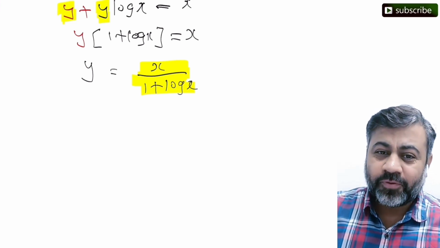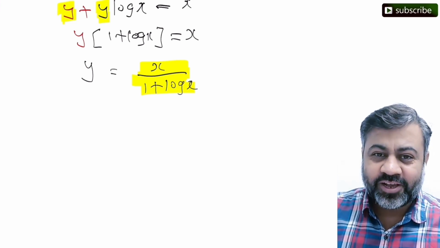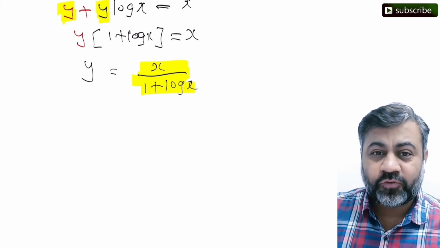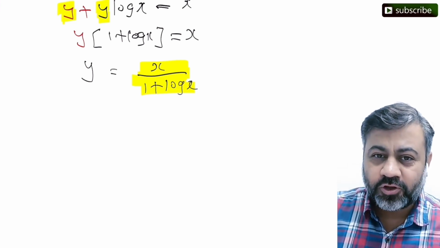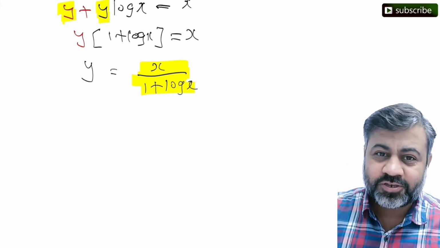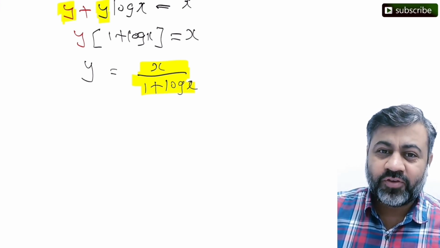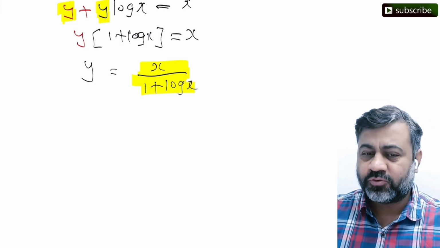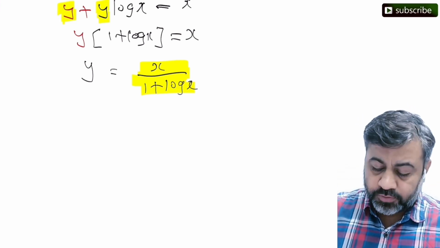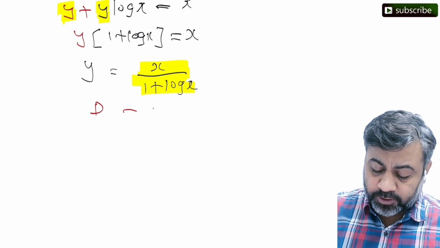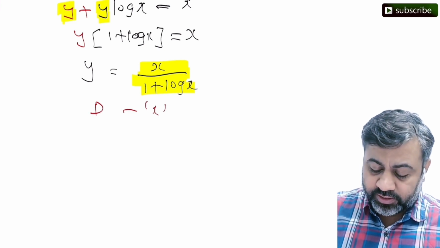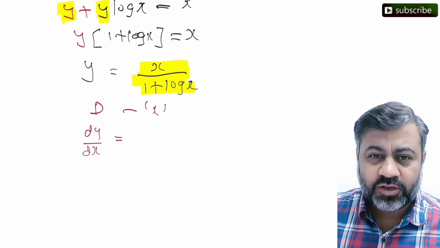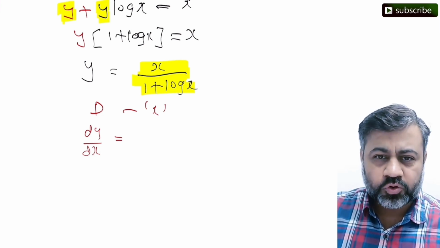So this type of question is very frequently asked, because teachers like this simplification that we did. Make sure you practice more such questions where we convert implicit function to explicit function. I'll be taking a few more such questions in today's session. Observe this. If I differentiate with respect to x, what will happen? The left hand side will be just dy by dx, and the right hand side is the basic u upon v or quotient rule, right?